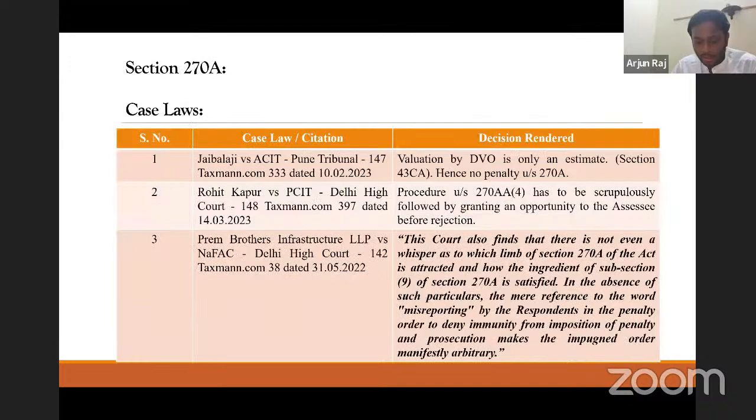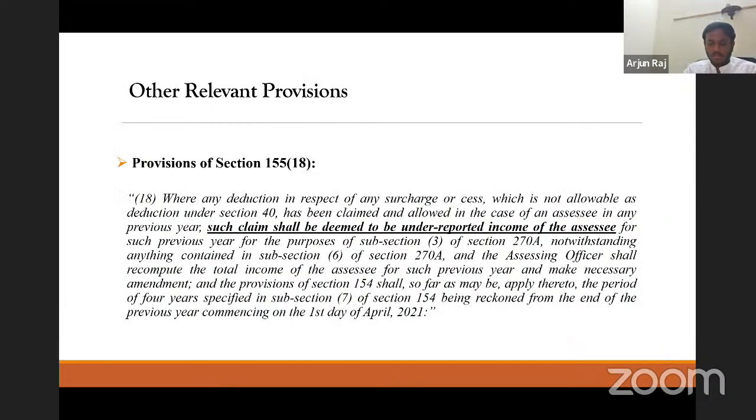Just before I get into the case laws, now just a comparison of 271C and 270A. Now the discretion, whether it is still there: the wordings used in 271C and 270A are similar. So in my understanding, the discretion to either initiate or to drop it is still available with the assessing officer.